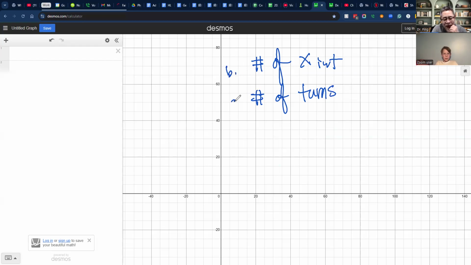A is the number of degrees, B is the number of x-intercepts, and C is the number of turns. If I give you a function, you have to tell me the number of degrees, x-intercepts, and turns by graphing it using Desmos.